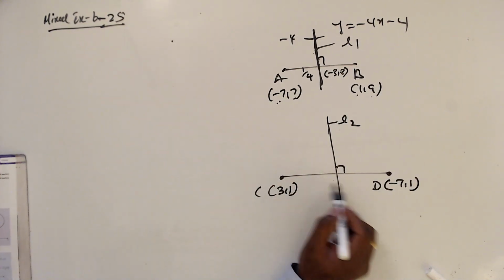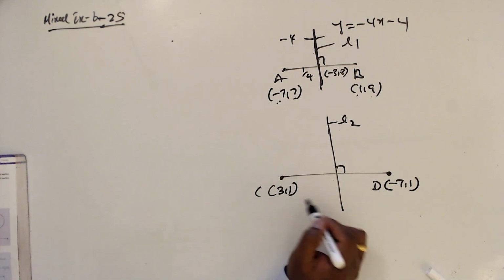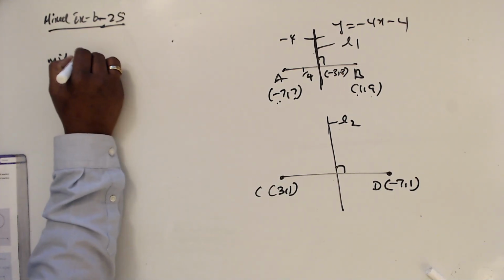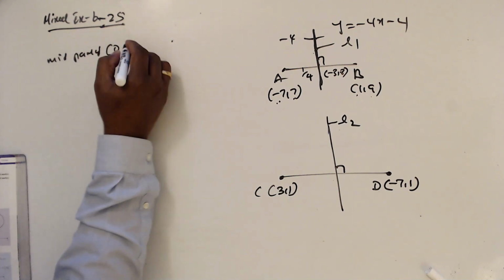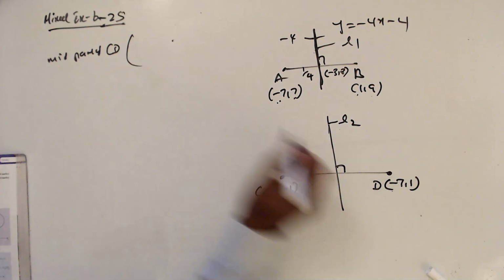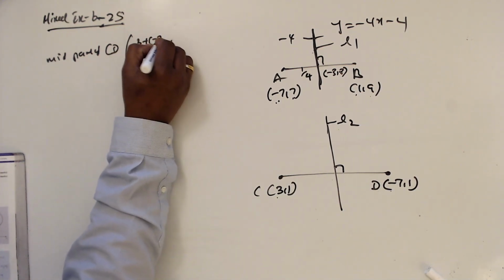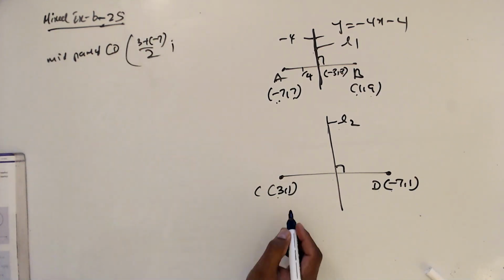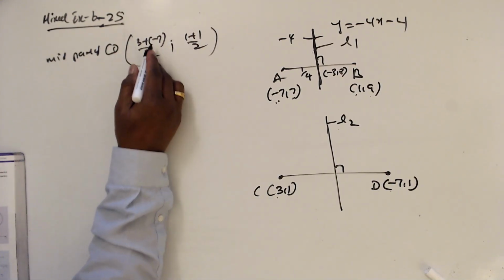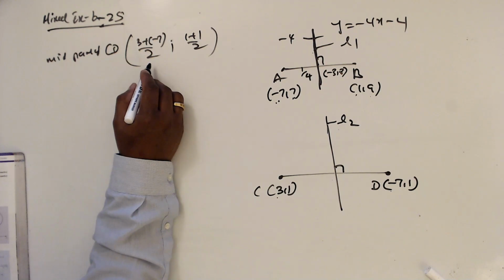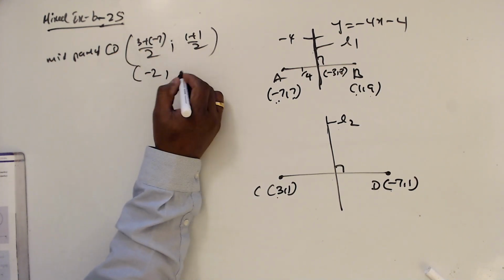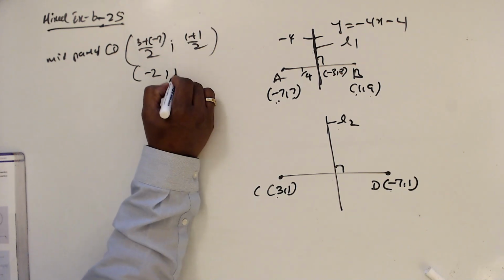Same thing we have to do for CD. So first of all, find the midpoint of CD. So the midpoint is 3 plus minus 7 divided by 2, 1 plus 1 divided by 2. So this is 3 minus 7, which is minus 4 divided by 2, minus 2, and 1 plus 1 divided by 2 is 1.